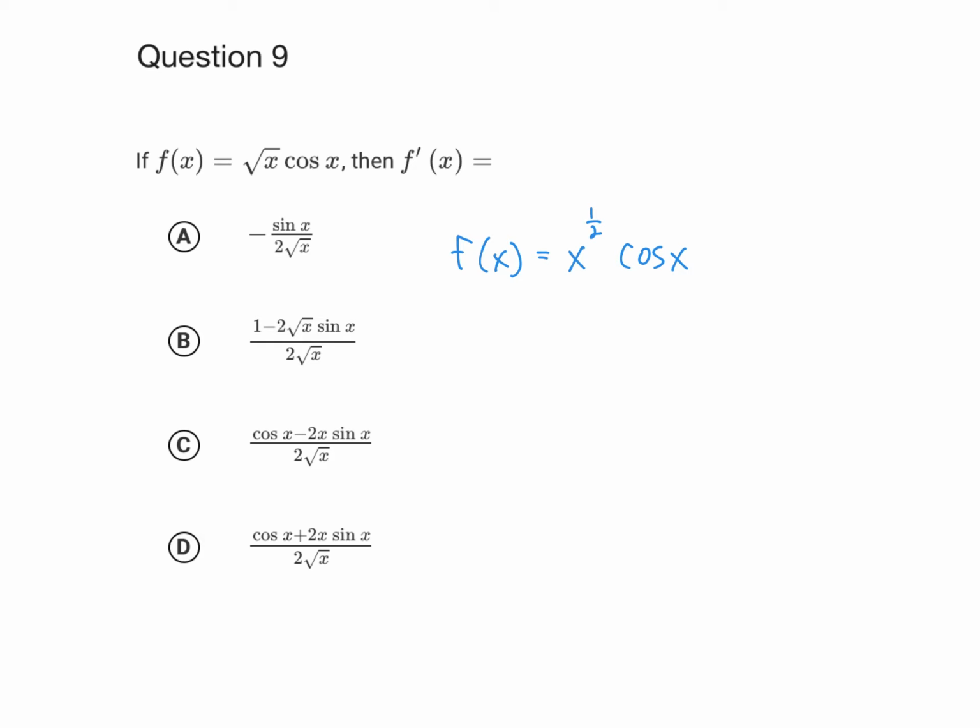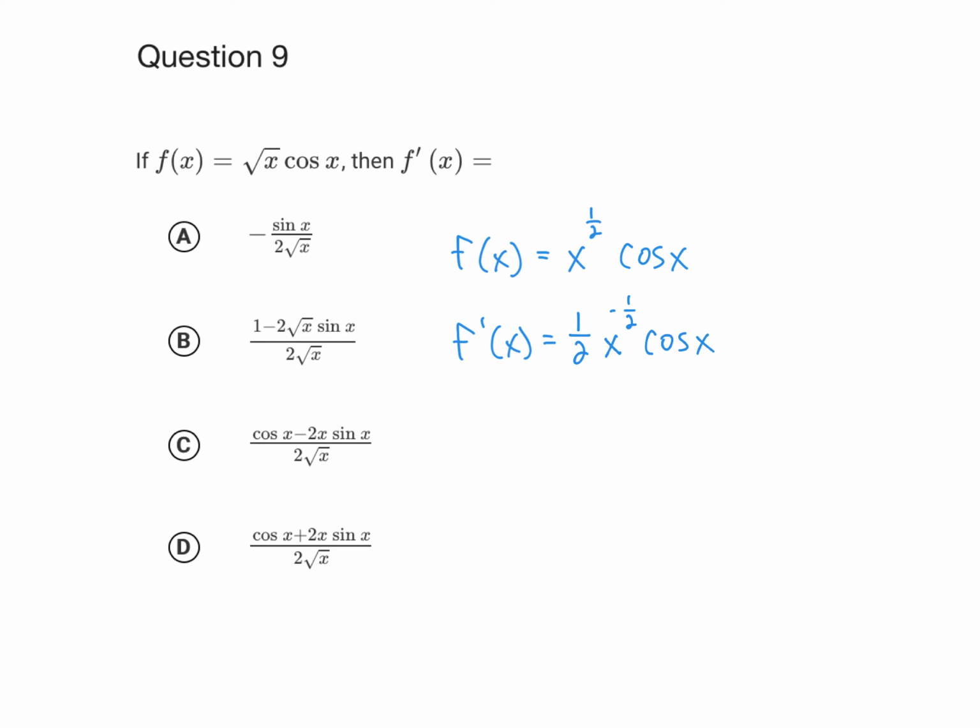Okay, now that we've rewritten the function, now we can take the derivative. Notice this is two functions of x multiplied, so we'll have to do the product rule. In the product rule, I'll take the derivative of the first thing first. So the derivative of x to the 1/2, we'll have to use the power rule. So bring the exponent out front, and then subtract 1 from 1/2.